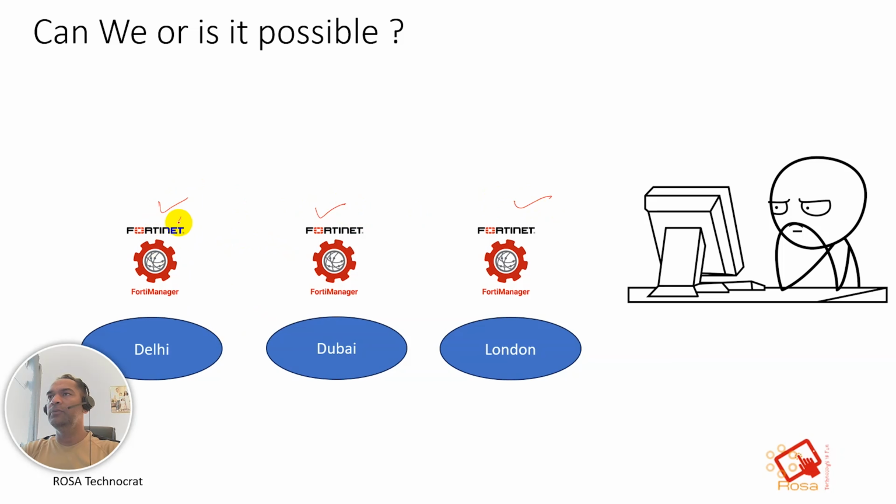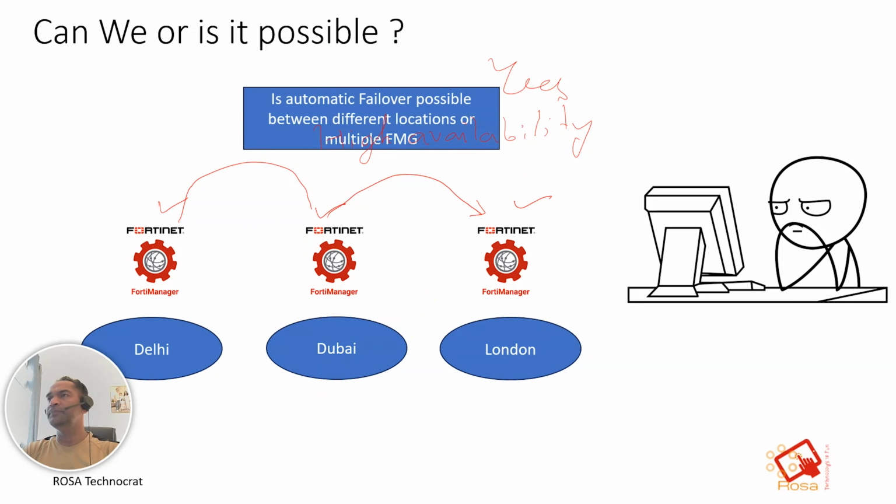We will talk about how there can be a high availability between the devices. So is it possible to have a high availability? Of course, yes, it's possible. Okay, so let's see how it is possible. Is automatic failover possible between different locations or multiple FMs?